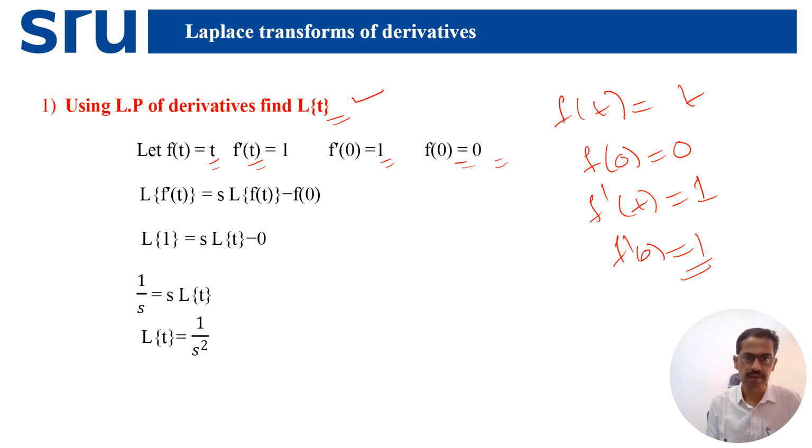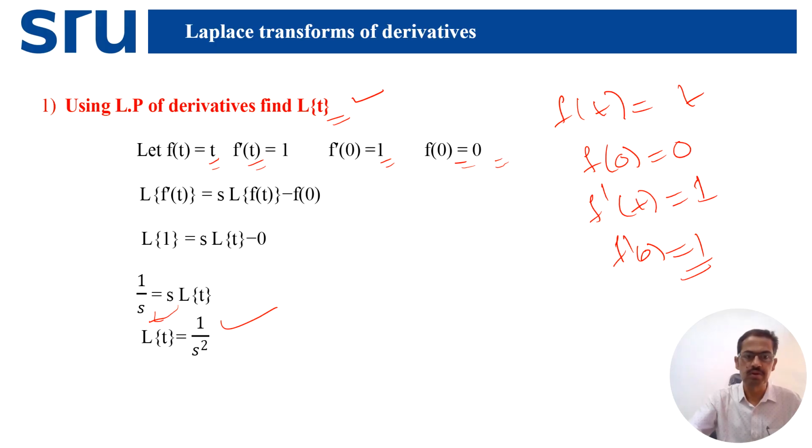So f of t is t, f dash of t is 1, and f of 0 is 0. Therefore, the Laplace transform of 1 equals s times the Laplace transform of t. The Laplace transform of any constant is the constant by s, so moving s to this side, the Laplace transform of t is 1 by s square.